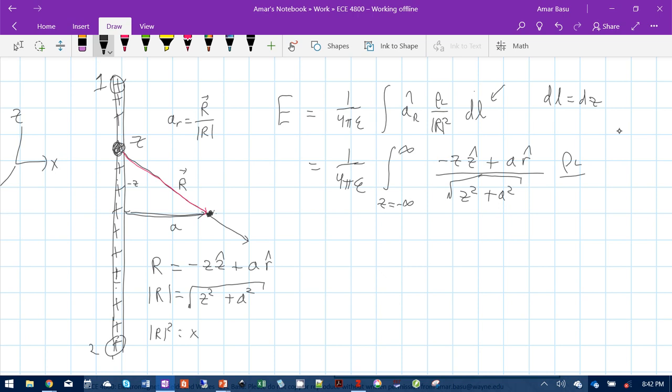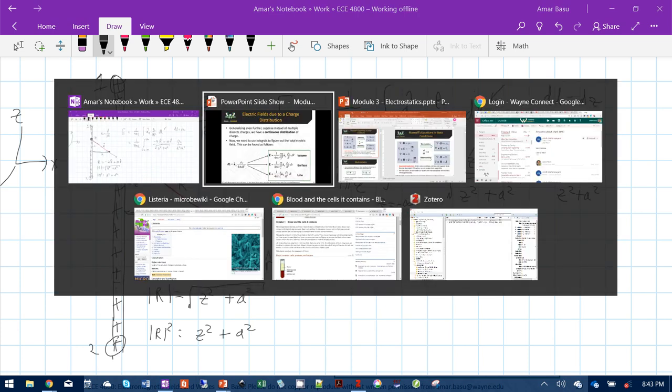Z squared plus A squared. Perfect. So we have the square root of Z squared plus A squared multiplied by Z squared plus A squared.